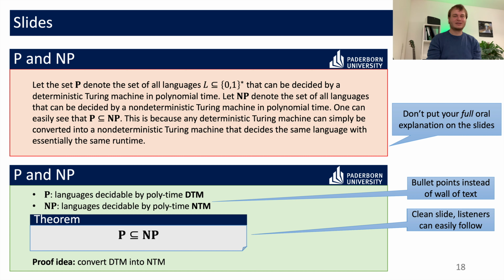And one of the things that sometimes happens is that you just put the full explanation on the slide, like up here. But obviously that's not a good idea, because while you're talking, people won't be able to read this at all, and then people end up needing to decide whether or not they want to follow what you're saying or what is written on the slides. And then usually they end up not being able to follow either.